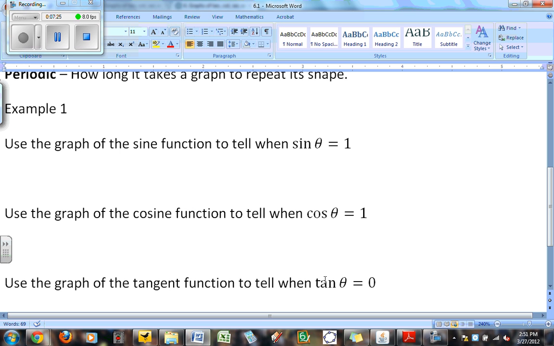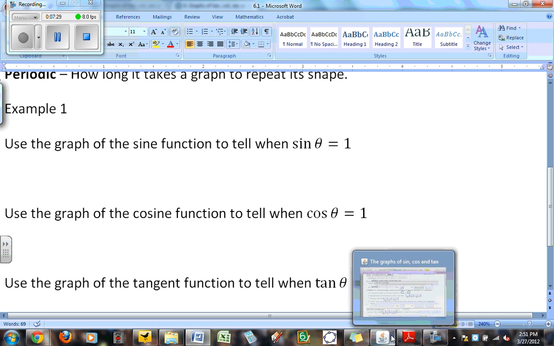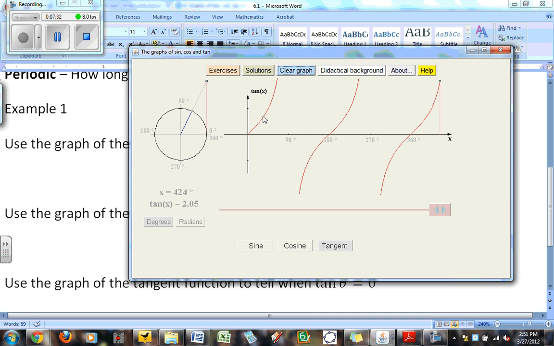This says use the graph of the sine function to tell when sine is 1. Okay, so let's go back to this graph. It's a little bit better. So when is sine 1? Notice this tick is a 1, by the way. So sine is 1 at 90 degrees. And then actually, the sine function keeps on going, and we said it repeats itself every 360 degrees.